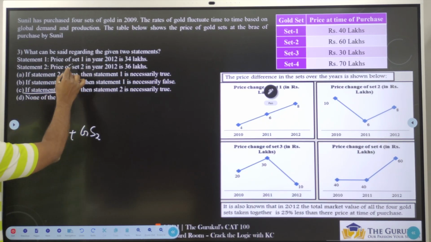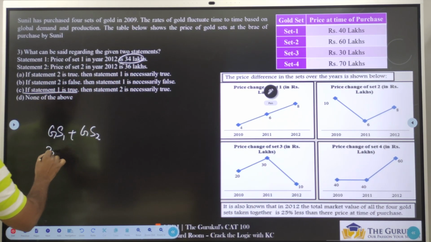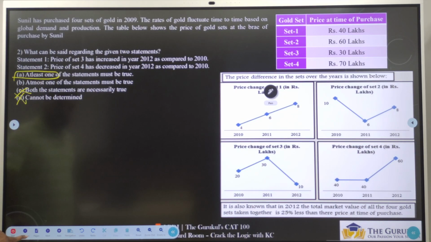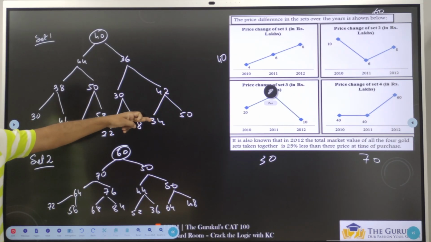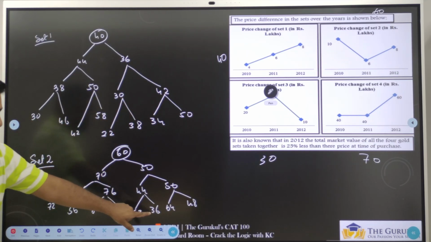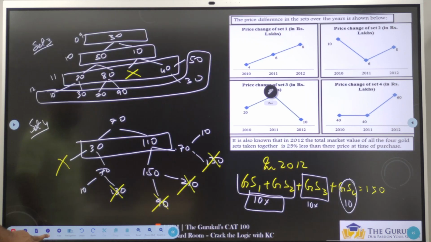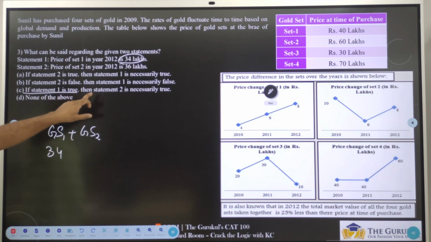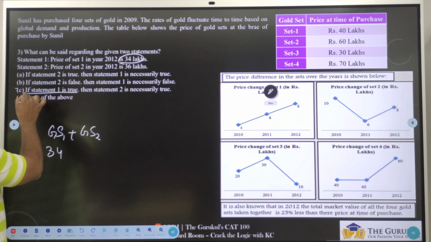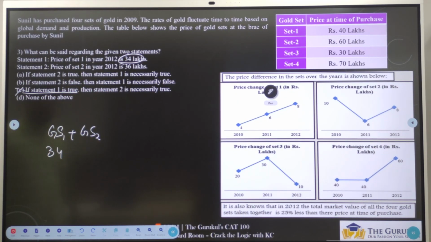If statement 1 is true, that is 34 lakh. If this is 34 lakh, statement set 2, if this is 34, the complement should end with 6. It can be 36 or 56. So if statement 1 is true, then statement 2 is necessarily true is not happening. So this is not correct.